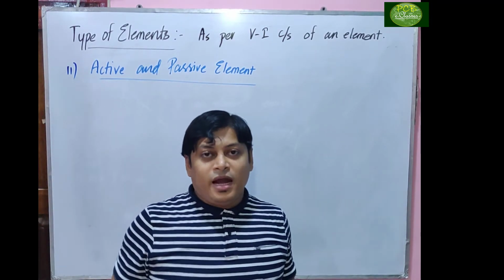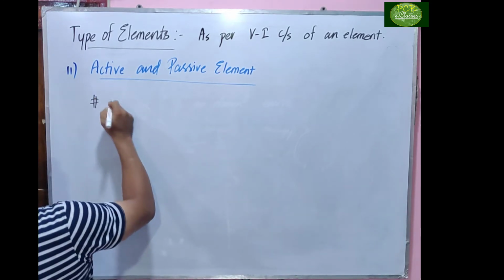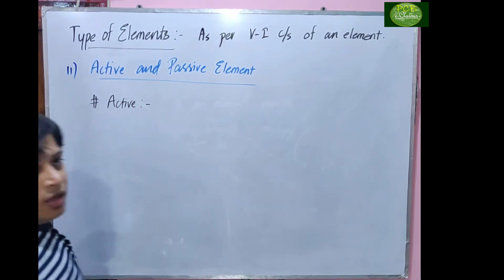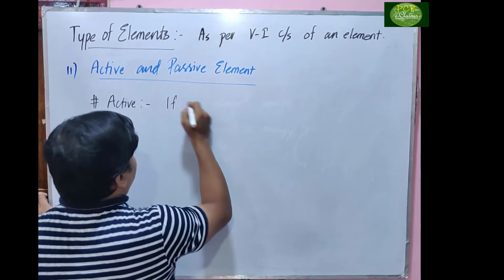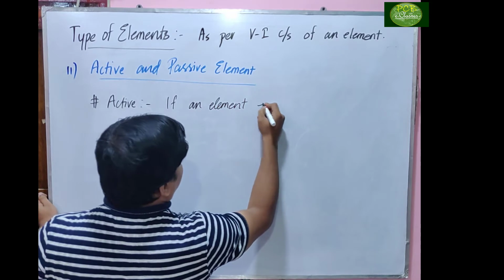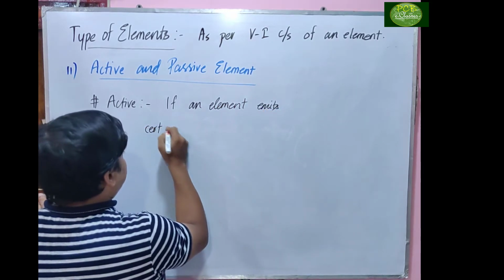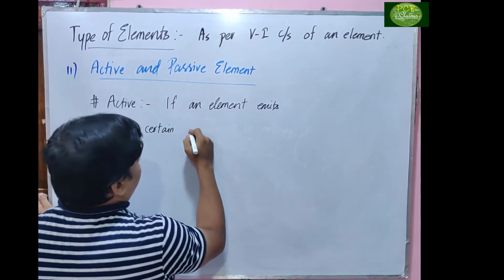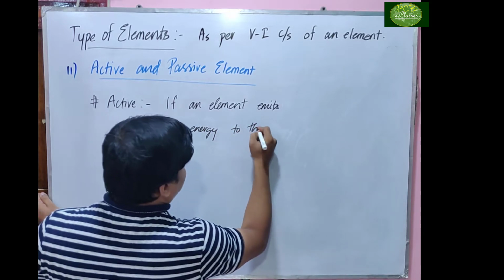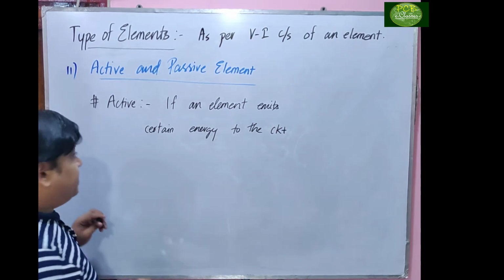So, what do you mean by active element or the passive element? That we should know first. Active element: if an element emits certain energy to the circuit, then it will be said as active element.